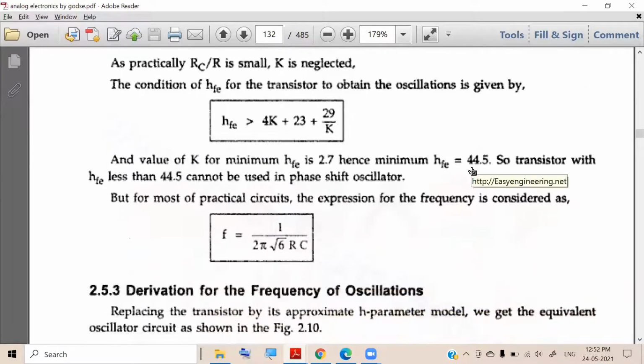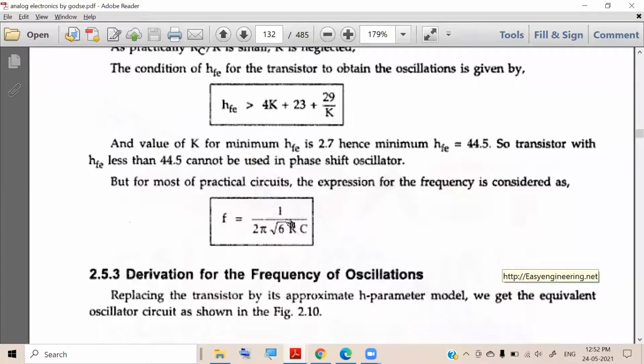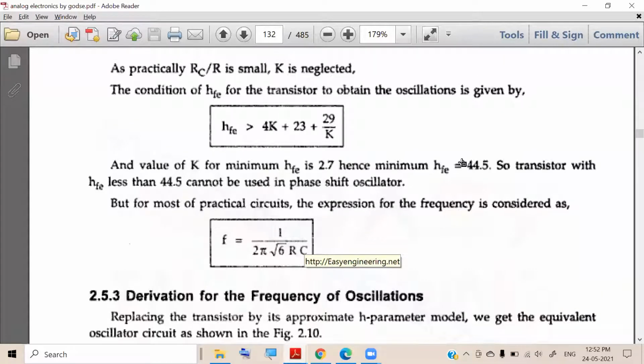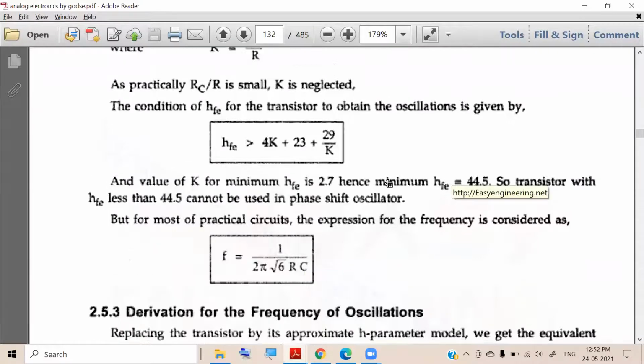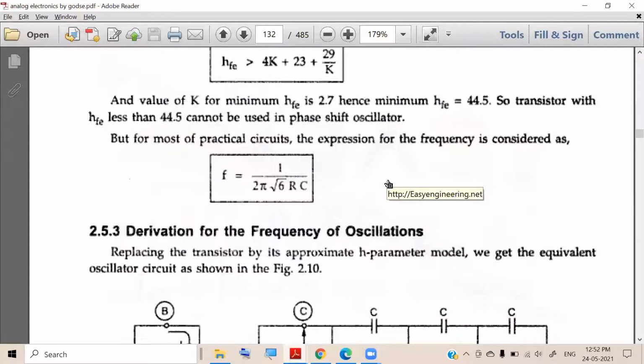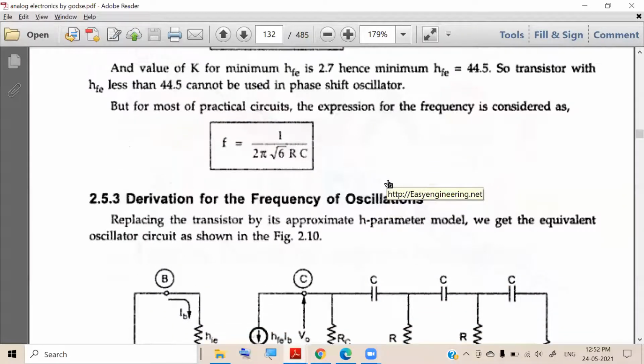In most practical cases, the formula we will use for the frequency of oscillation is 1 by 2 pi RC root 6, and hFE will vary from 2.7 to 44.5. Don't worry, all this we will be deriving shortly. You need not remember it.